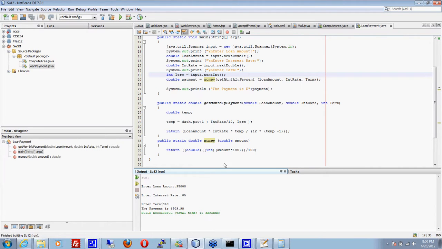Okay, so the other thing you may want to do is, since this is a payment amount, this thing should know that it should be formatted as money, right? And then you wouldn't need to do this.